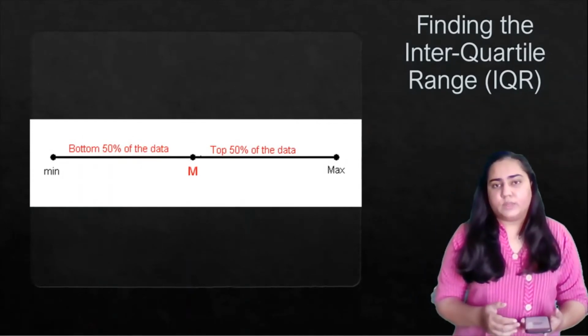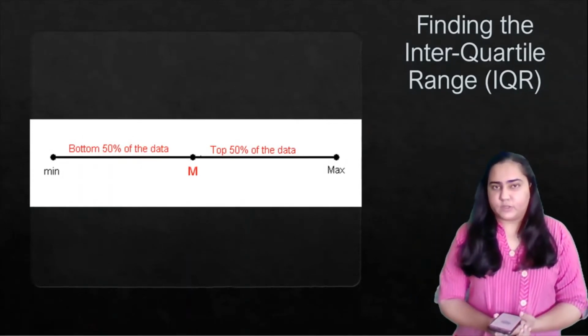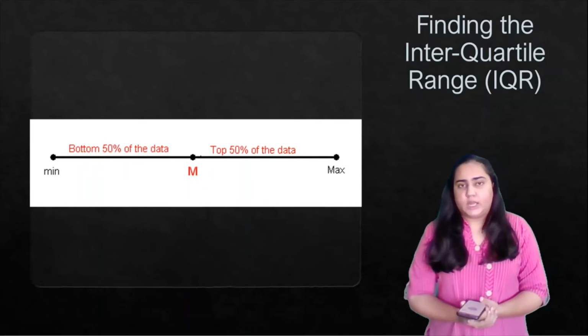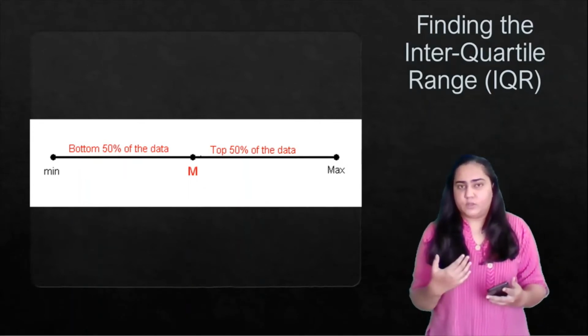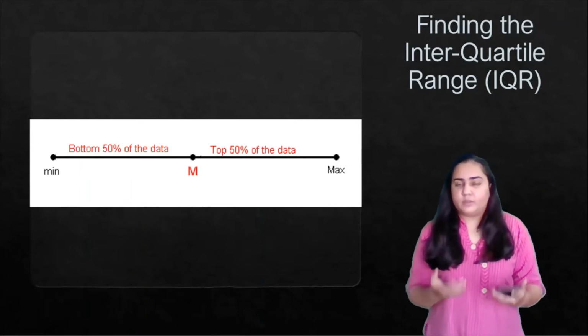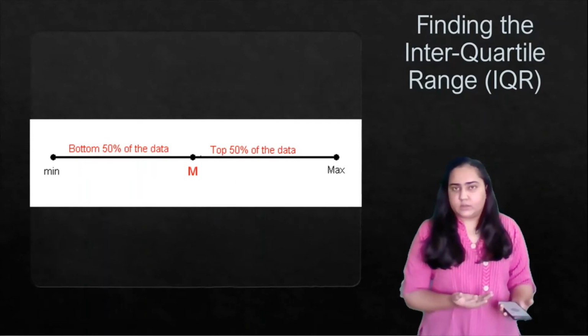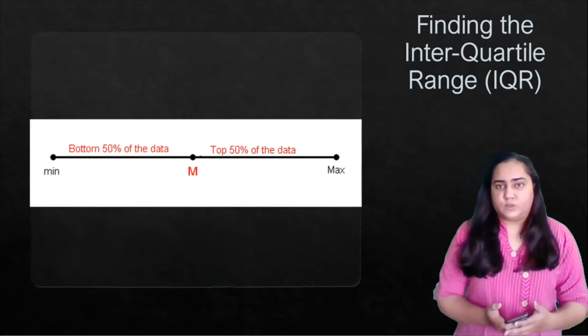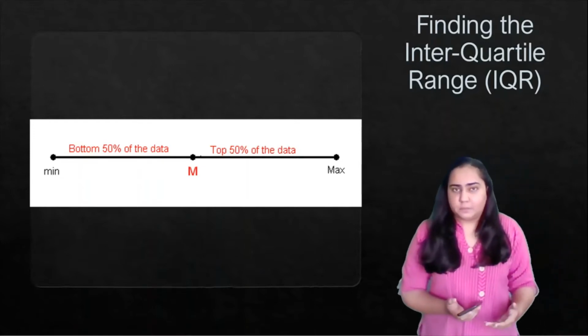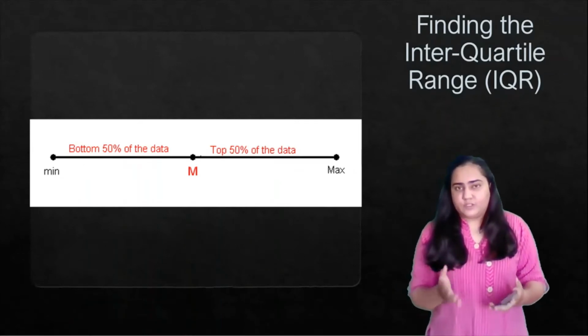So assume that this is your data. This is my first step. In order to calculate the middle 50%, first I'm going to calculate the midpoint. The midpoint is essentially the median of the data, which I explained in one of my previous videos where we talked about measures of center. So median is a measure of center.